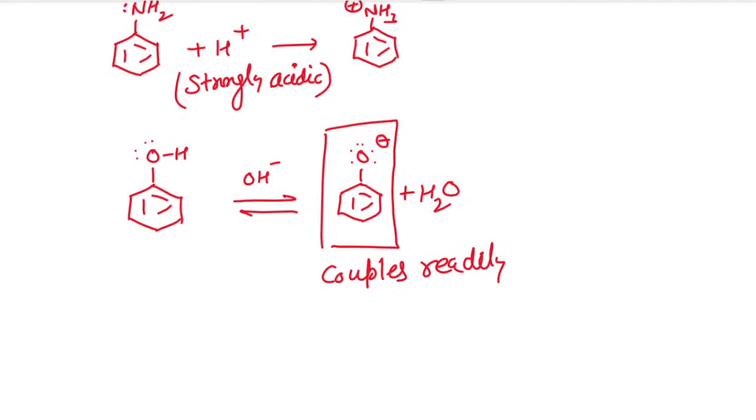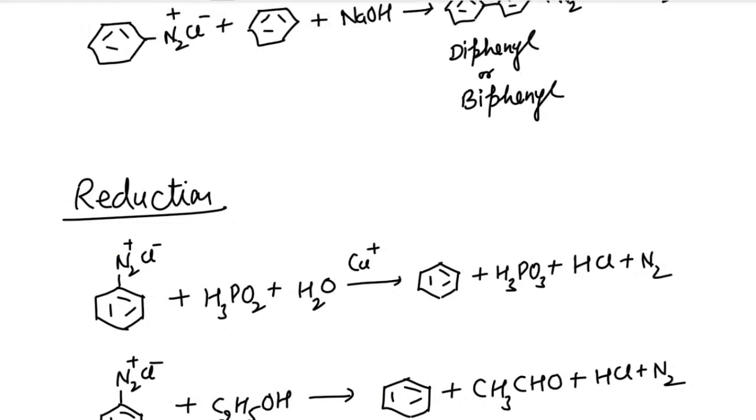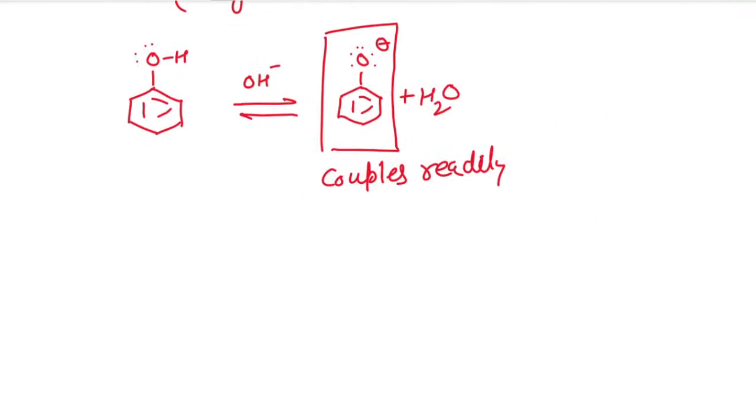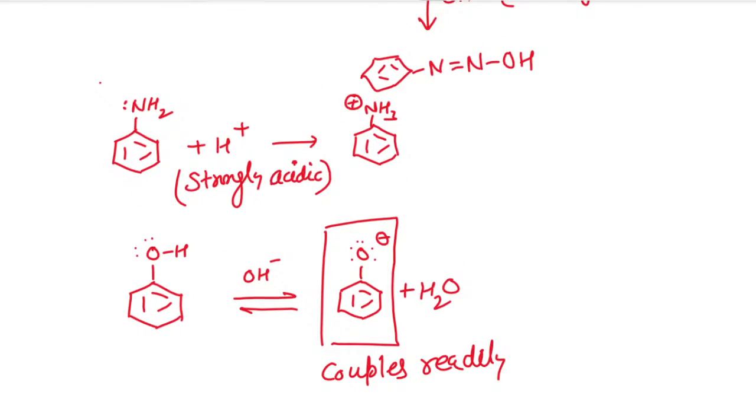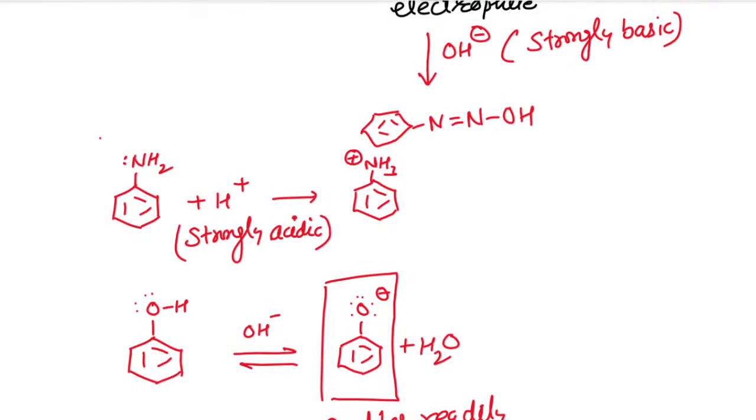But if the pH is beyond 10, meaning a highly basic medium, then we get the product we wrote just now, which on further reaction forms the diazotate ion, and it does not couple.